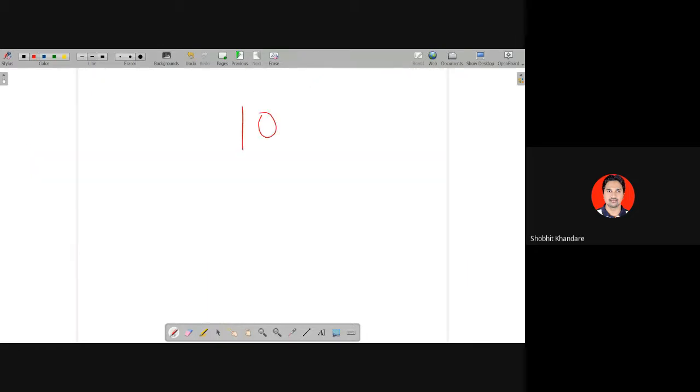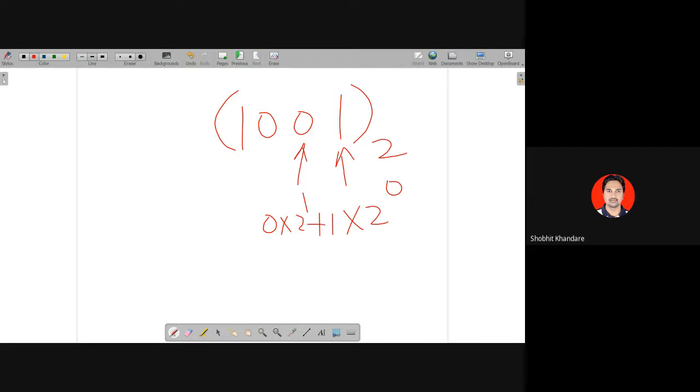Okay, 1001. So how do you represent this binary number in terms of powers of 2? It will be represented in the same manner, only it is multiplied by powers of 2. So it is 1 into 2 to the power of 0. This 0 will be represented as 0 into 2 to the power of 1. You have a plus sign, don't forget.